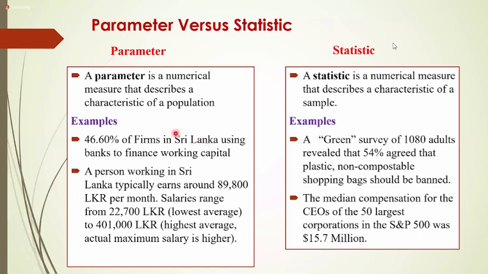It is used for a population, because we are looking at this for Sri Lanka. So 46.6% of firms in Sri Lanka use banks to finance working capital. So it is a population parameter. That parameter is a percentage. Here we are using percentage as a parameter to describe the population characteristic, right?